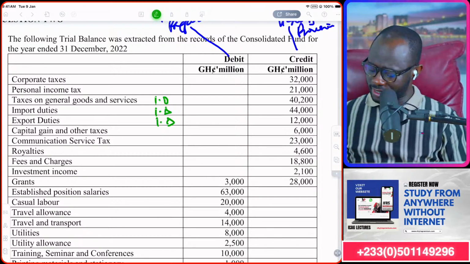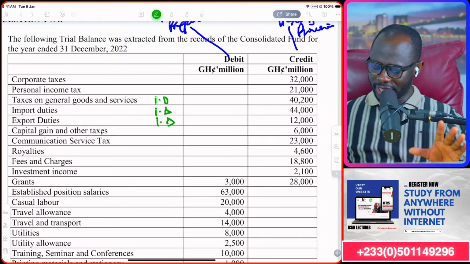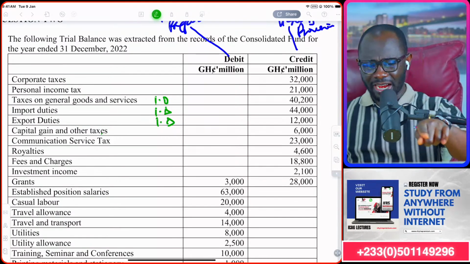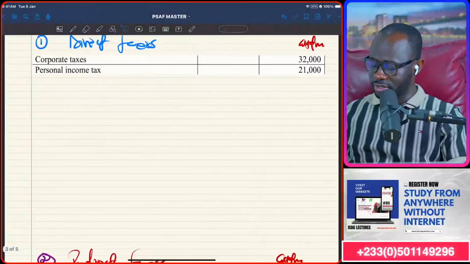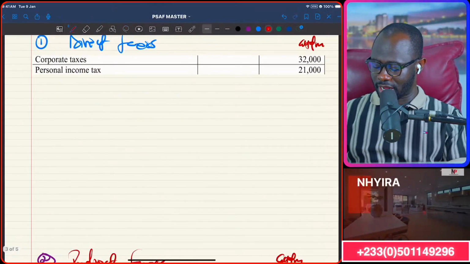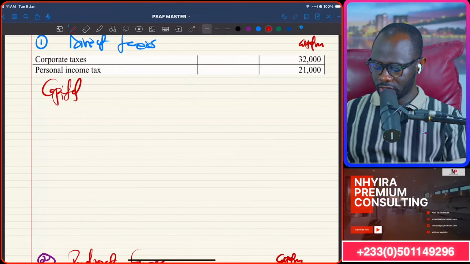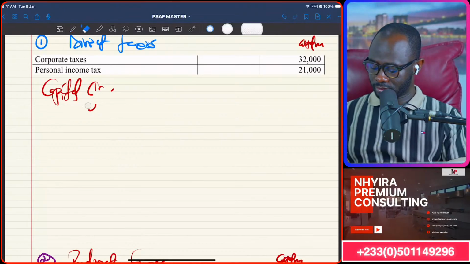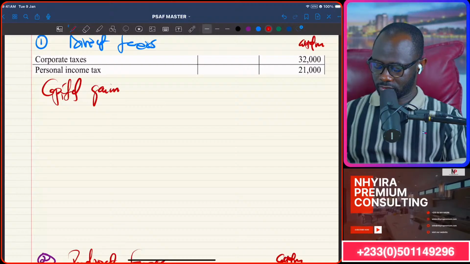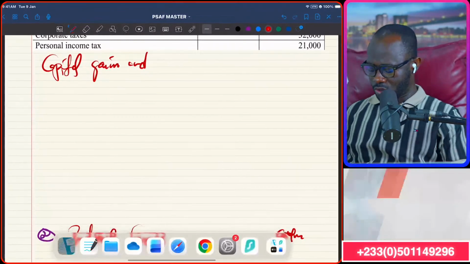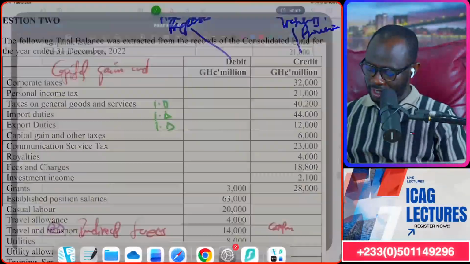Then the next item is capital gain and other taxes. That's a direct tax. So let's go into direct tax. I got to write that up. So capital gain and what is the name there? Other taxes.